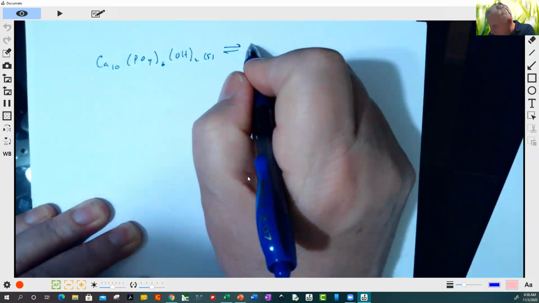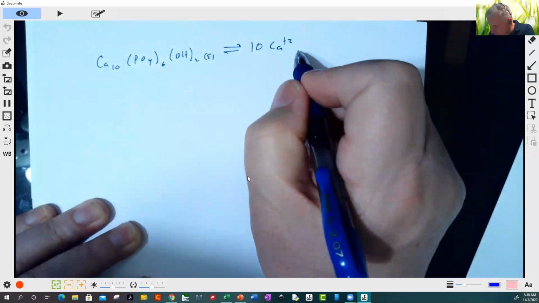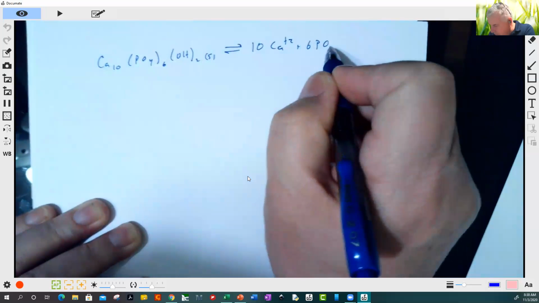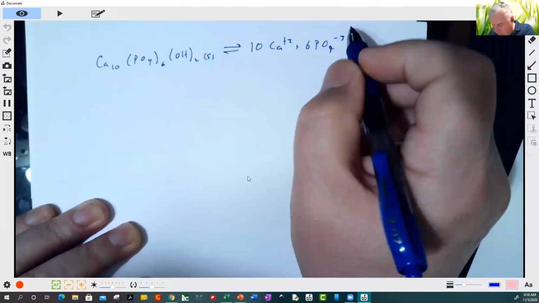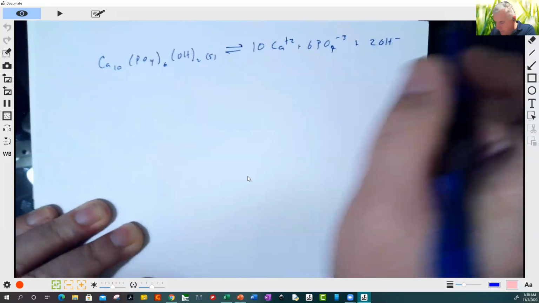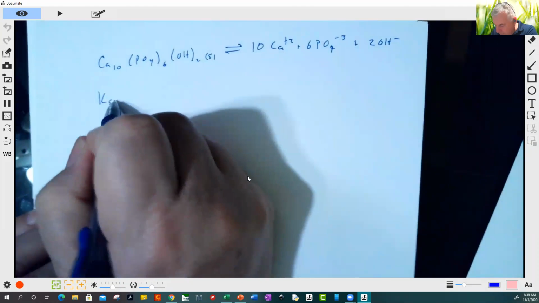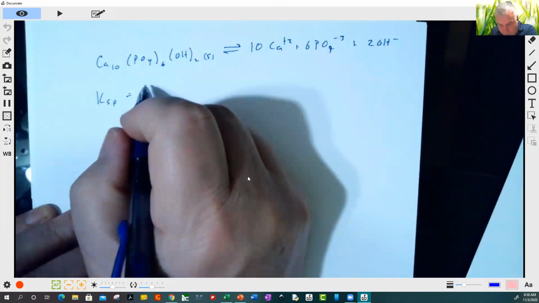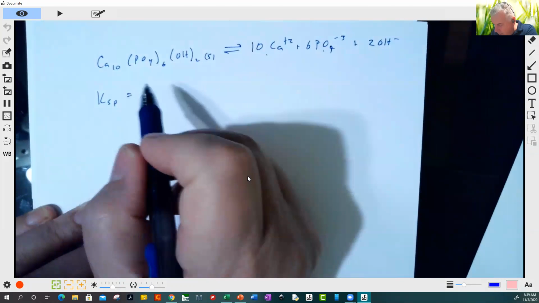And this makes 10 calciums plus 6 phosphates plus 2 hydroxides. And Ksp here is equal to just the product of these ions raised to their coefficients.